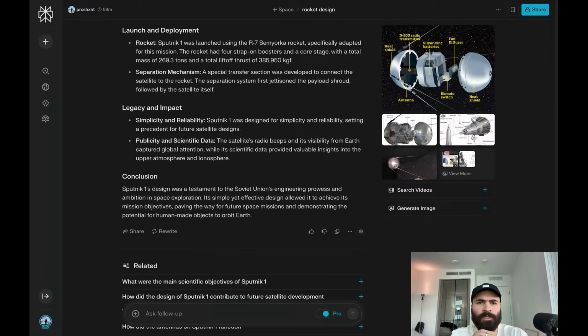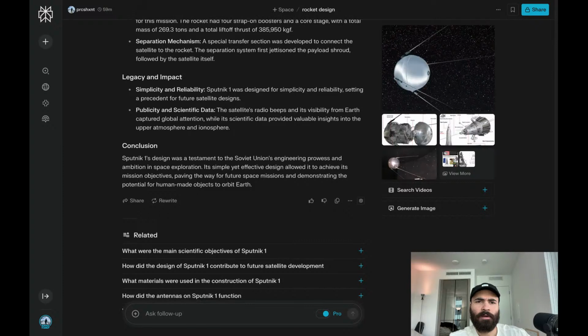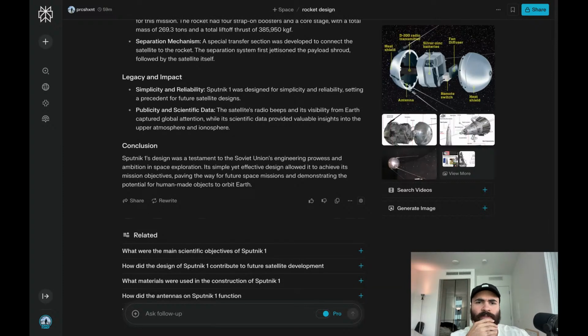Sputnik was launched using the R-7 Semyorka rocket, specifically adapted for this mission. The rocket had four strap-on boosters and a core stage with a total mass of 269.3 tons. A special transfer section was developed to connect the satellite to the rocket.